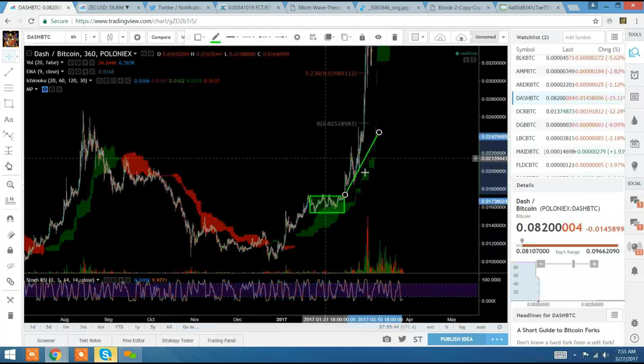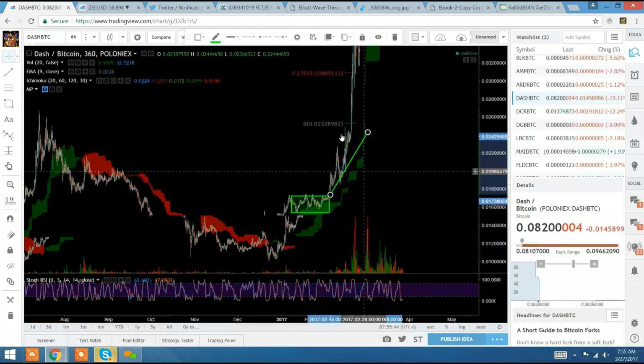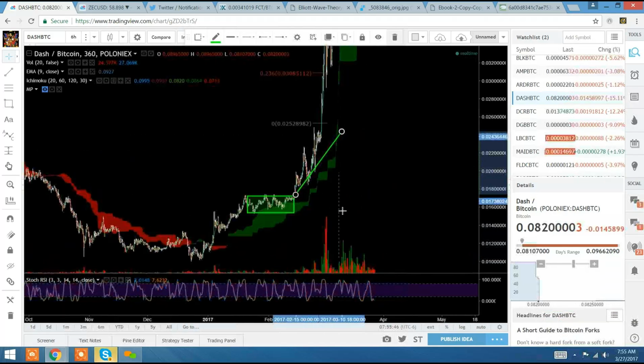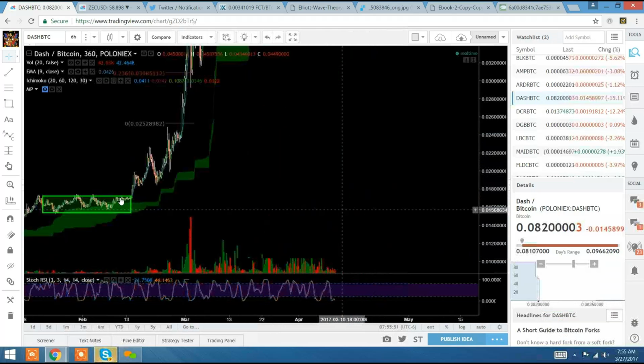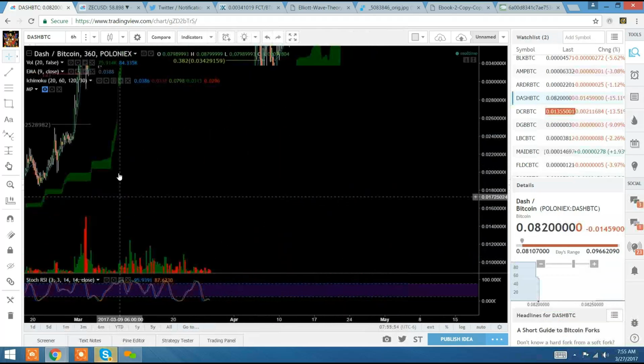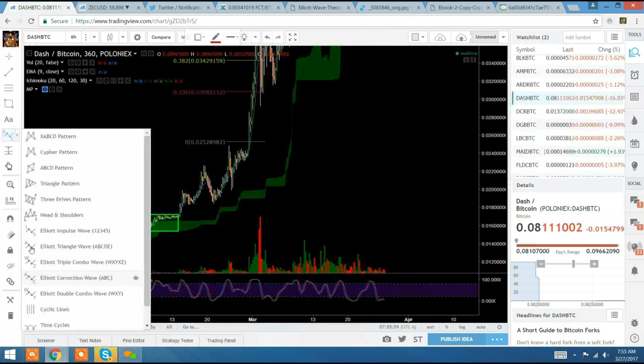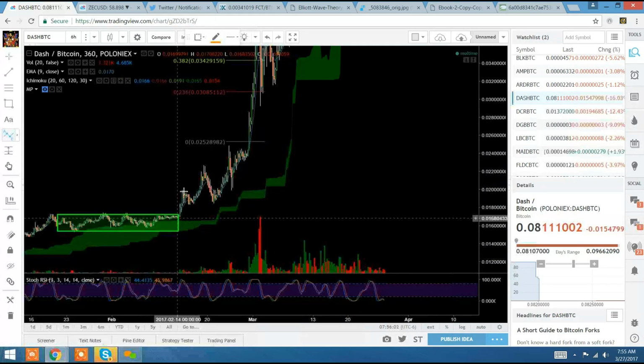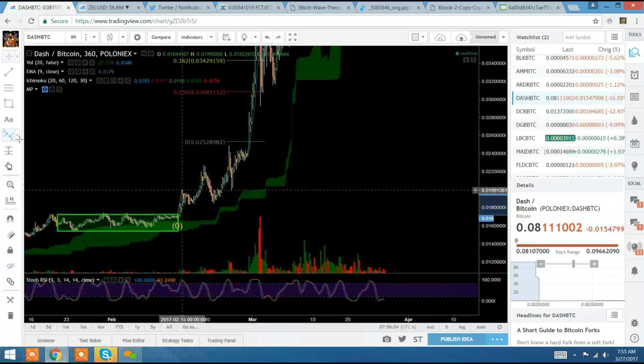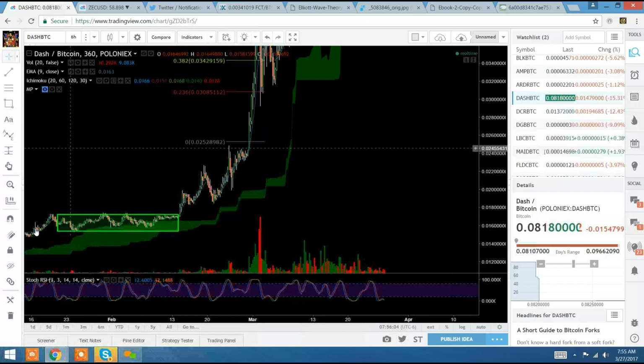In Elliott wave fashion, same structure, except this wave was a little bit sloppier. This is how we played this breakout, if you guys remember, if you were with me then. We got a nice 1, 2, 3.